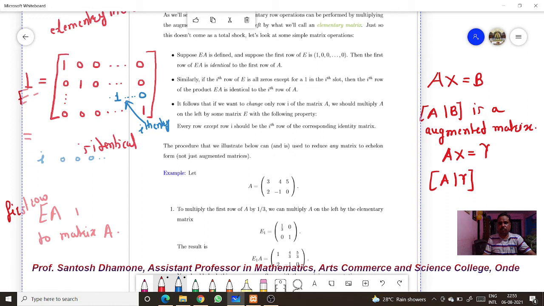To multiply the first row of A by 1/3, we multiply A on the left by the elementary matrix E1 with rows 1/3, 0 and 0, 1. The result is E1A equal to the matrix 1, 4/3, 5/3, 2, minus 1, 0. You should check this on your own.